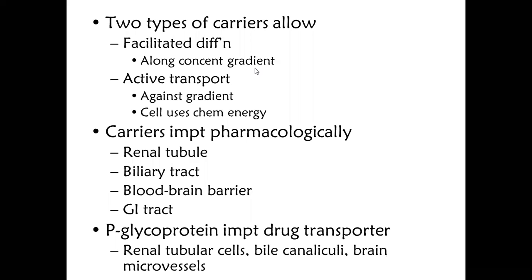How does filtration take place? It takes place due to the hydrostatic pressure. So molecules will be transported from the higher pressure side to the lower pressure side. That is filtration. While osmosis, a passive transport type, is the movement of water molecules across a selectively permeable membrane.